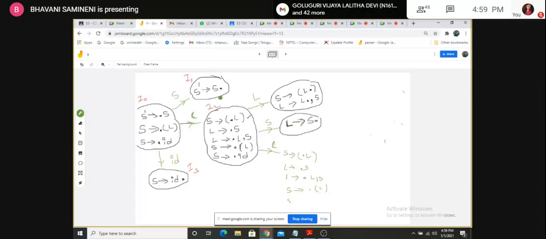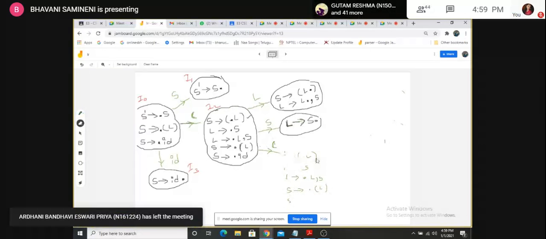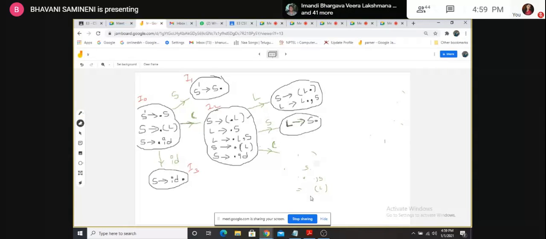This is the same as I2, right? So no need to repeat this step, because we get the same productions along with the dot symbol. If you define the goto function on open parenthesis from I2, we get the same state. So that's what you can write: instead of writing it again, you just declare it as I2.